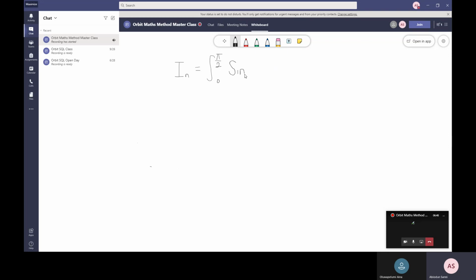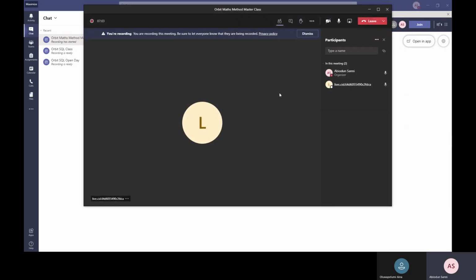Have I not talked about this formula before? I'm just surprised that I've not talked about this reduction formula.